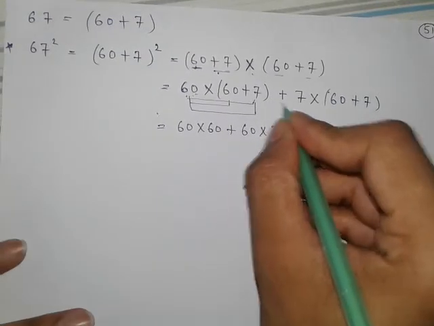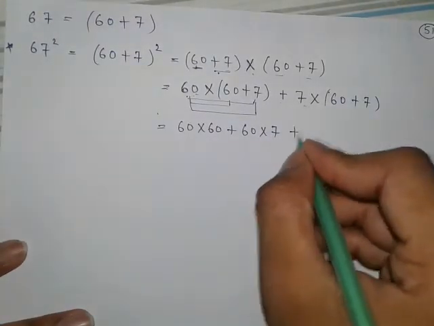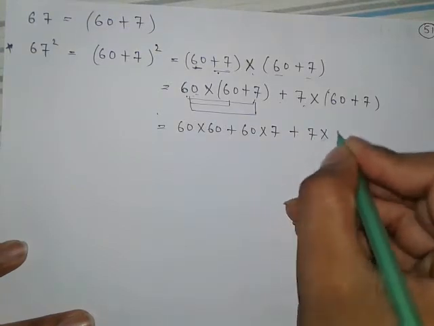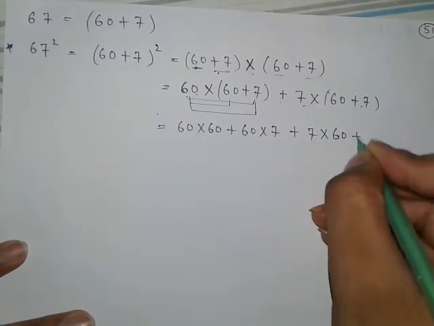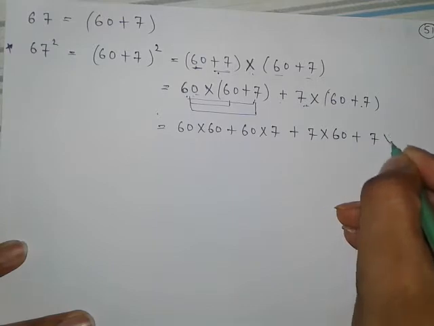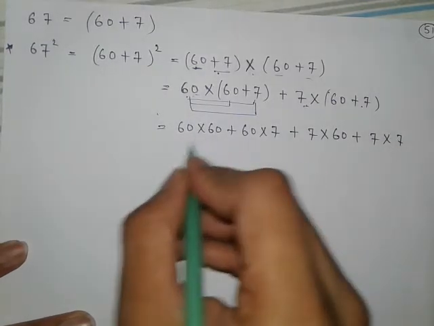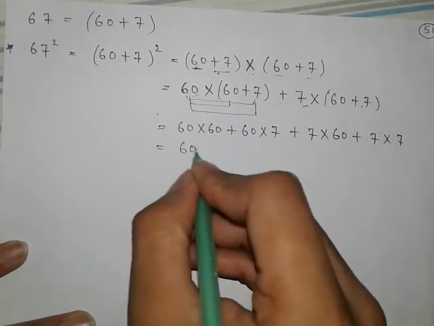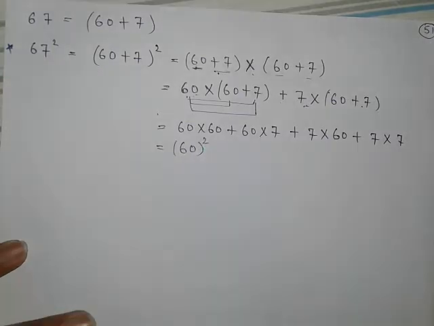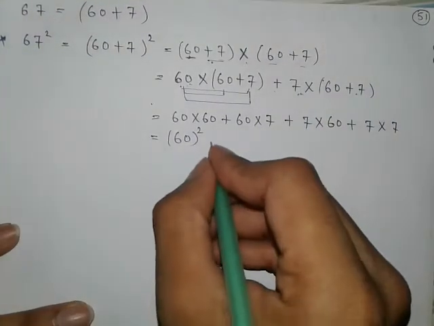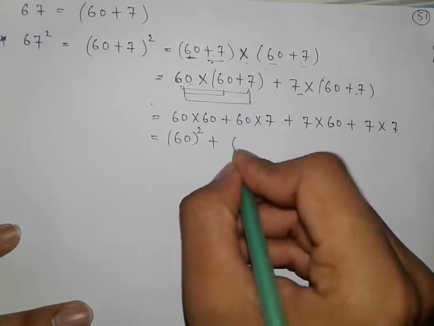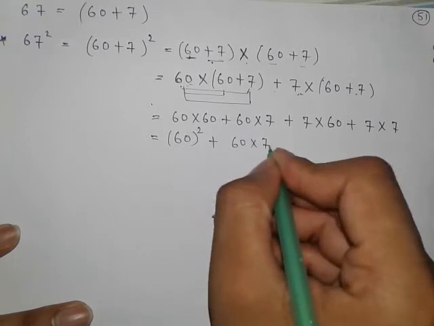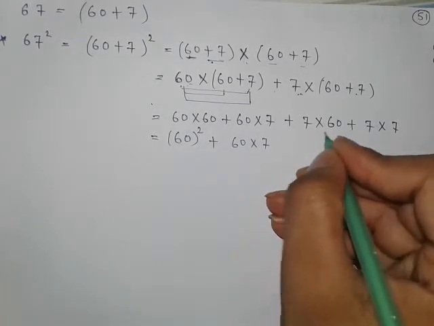Okay, again apply the distributive property here: 7 multiplied by 60 plus 7 multiplied by 7. Okay, so 60 multiplied by 60 simply means that you are taking the square of 60, isn't it? Then 60 multiplied by 7, and here we have 7 multiplied by 60.